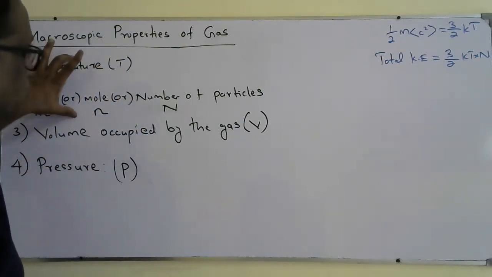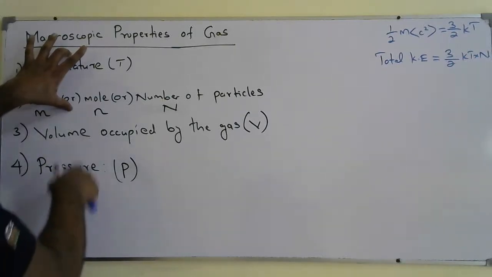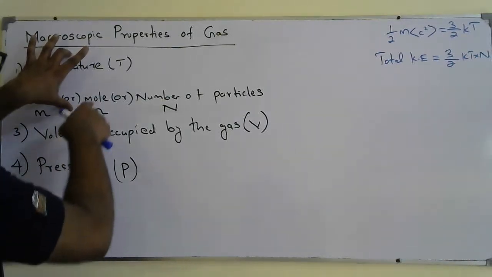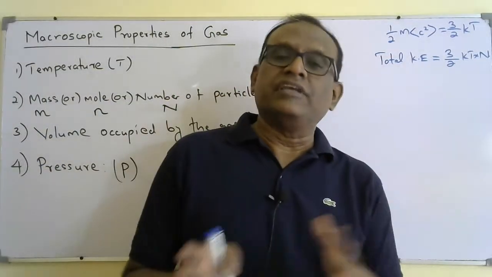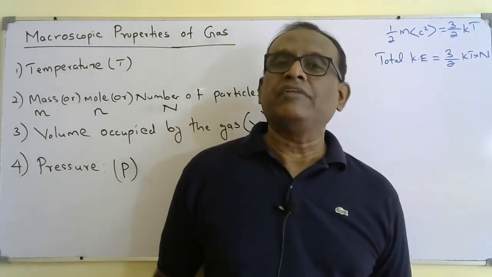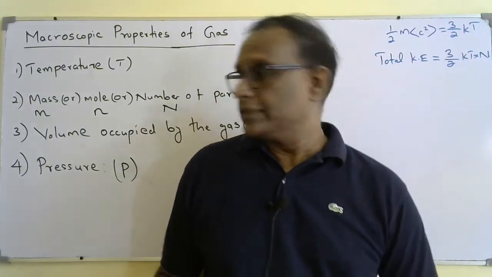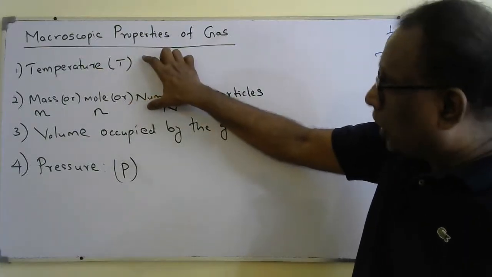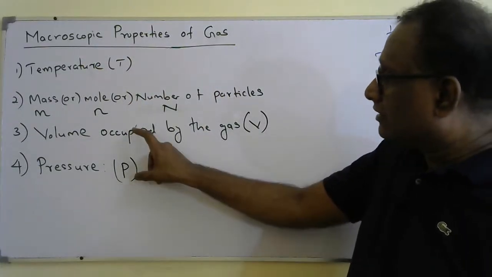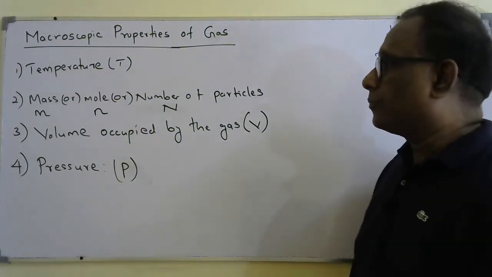When these two are constant, the only two macroscopic properties that can change are pressure and volume. How do they change? P1 V1 equal P2 V2, or PV equal constant. That's the way pressure and volume change. So by considering these two constant, we get the variation between pressure and volume. That is Boyle's law.